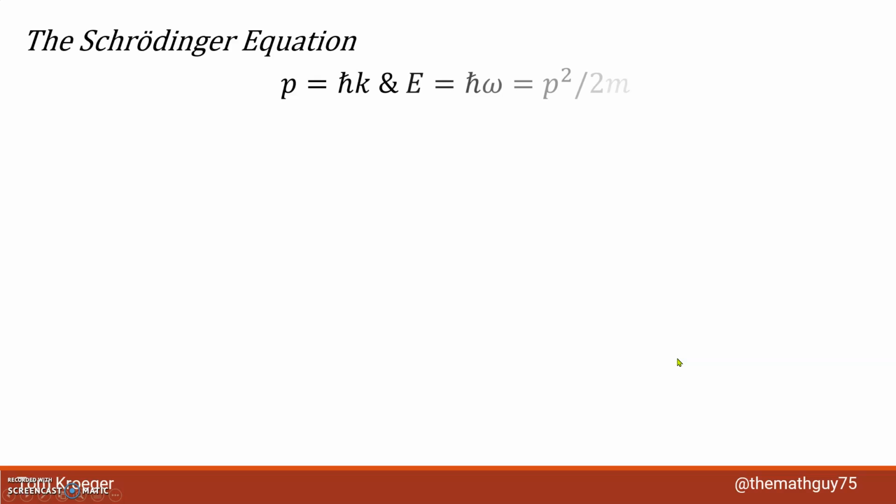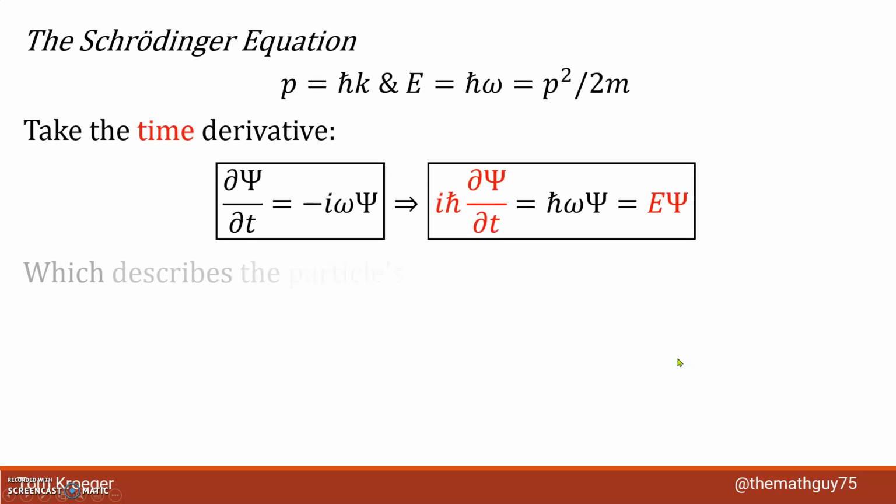We can also take the time derivative, and we get a similar equation for energy. By multiplying by i h bar, we get an equation for energy, again using these well-known basic physics relations up here.